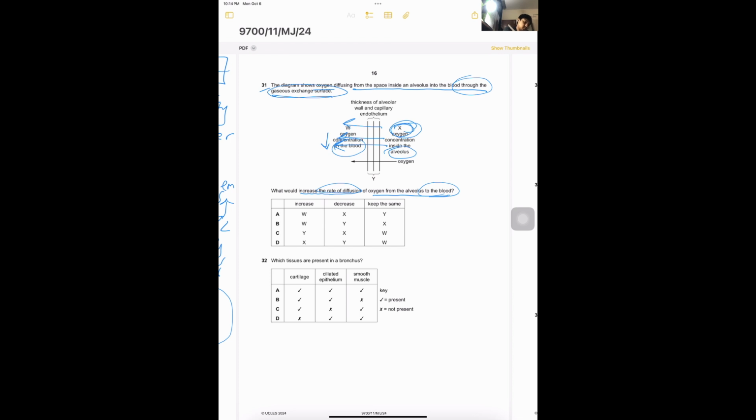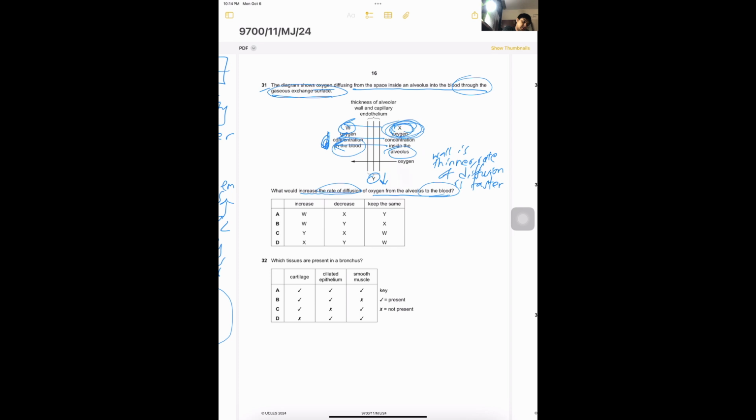Oxygen. Oh no, actually, we can do one more thing. If the wall is thinner, the rate of diffusion is faster. We can decrease the thickness, and we can keep this the same, or even if that decreases, that also works.